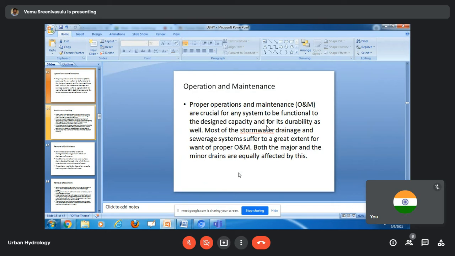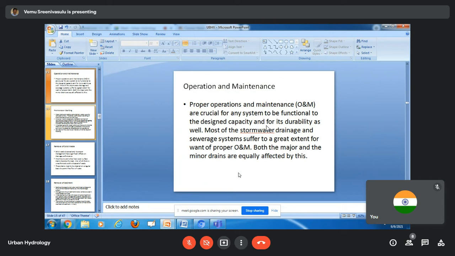Generally people neglect the operation and maintenance, though every year the government allocates some funds for operation and maintenance of the drainage system. If those funds are utilized properly and the operation and maintenance work is done properly, then you will have an effective drainage system.